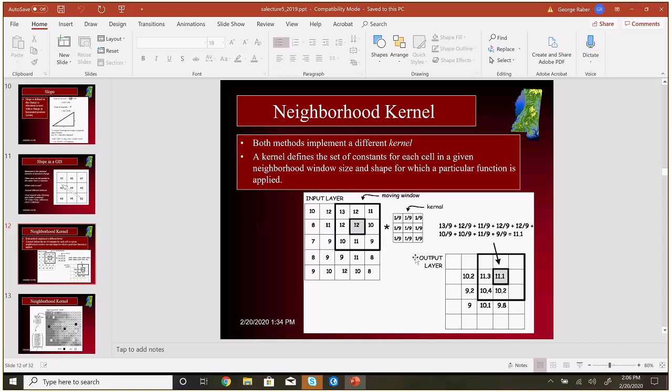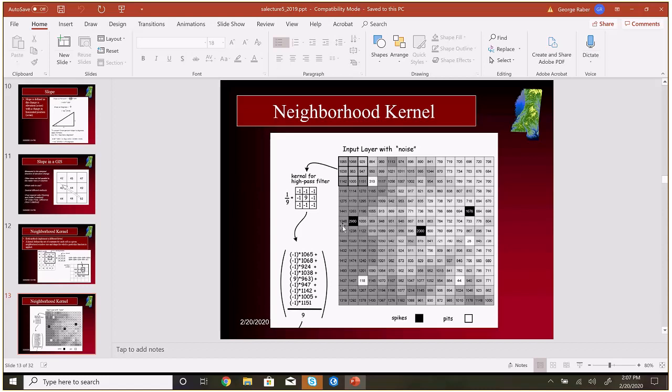Okay, remember we talked about kernels before. This is a slide from the previous lecture. But what we're talking about is coming up with a kernel that will tell us the difference in this direction and the difference in that direction. All right. So here, remember we had the high pass filter where everything was -9 and the center was 9.